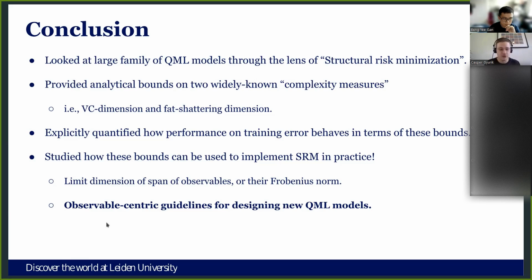There's a whole body of literature that focuses on the feature map, such as Matthias Caro's work, and many other people have studied different complexity measures, too long a list to list. But at least these will give you observable-centric bounds from the perspective of structural risk minimization when viewing your model as a linear model. And again, thank you for the invite and thank you for listening. I hope you enjoyed it.